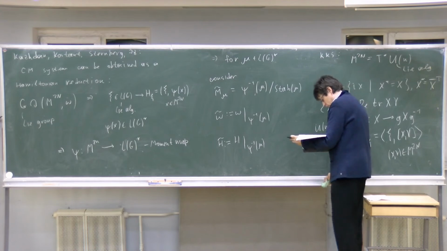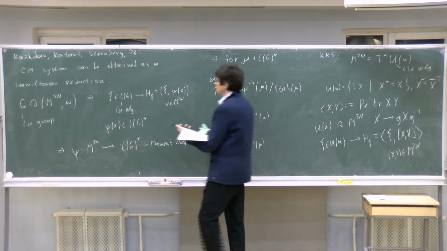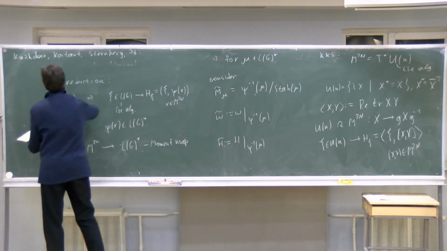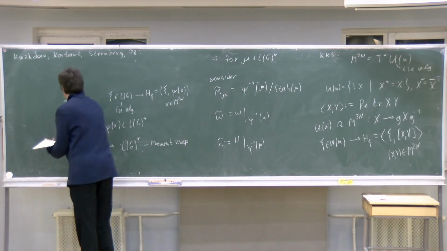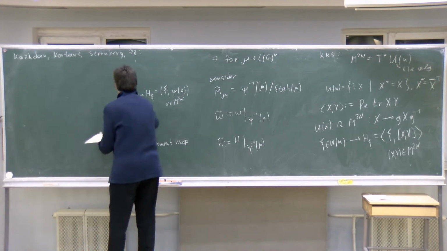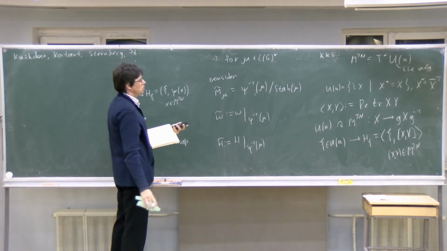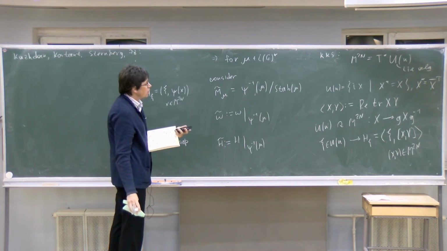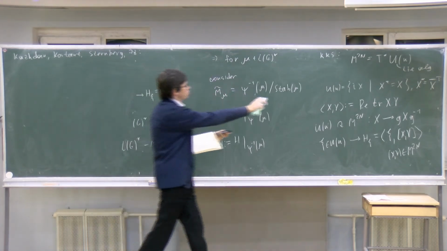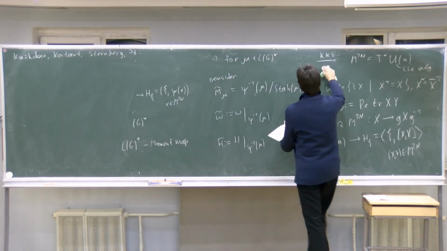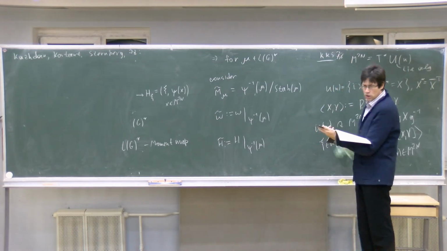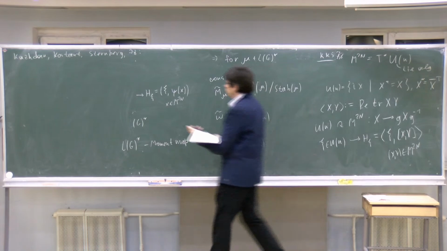And now the recipe is the following. This is the case of a coadjoint system. So this has been the general description of the construction, starting from KKS, Kirillov, Kostant, and Sternberg. This is a description of coadjoint orbits, right?